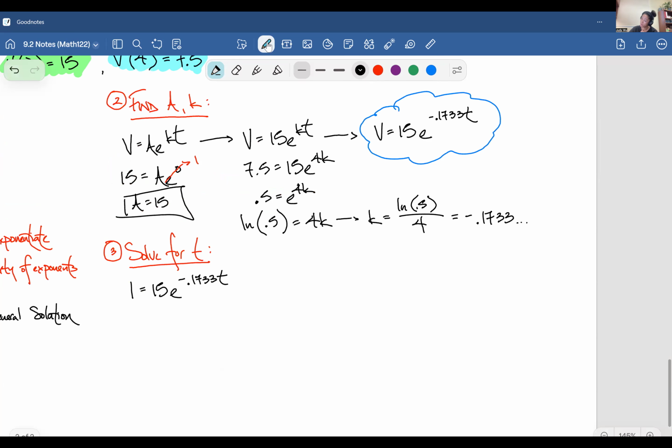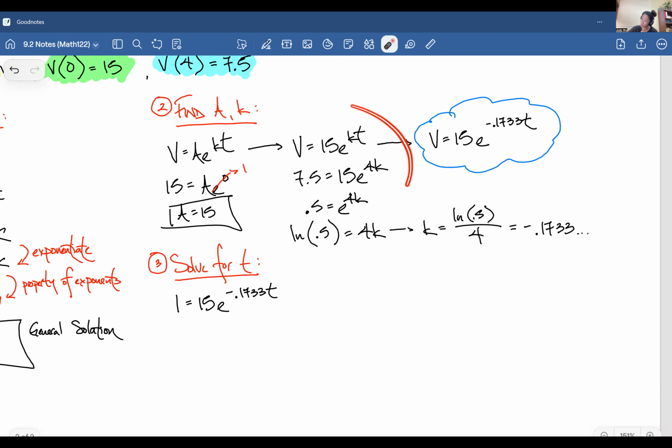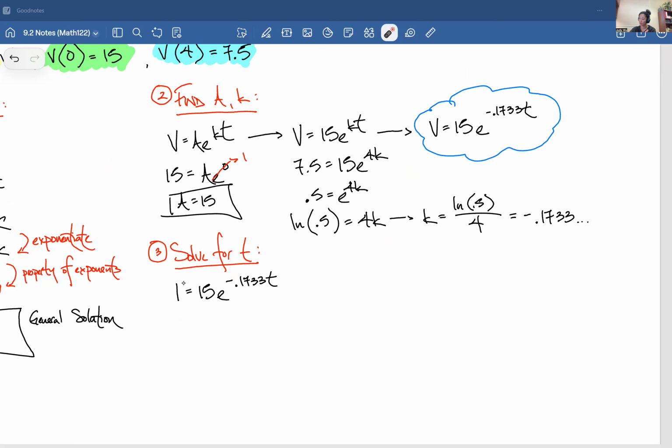This is going to work very similarly to the step over here. Instead of dividing 7.5 by 15, I'm going to divide 1 by 15. After that, I'm going to natural log both sides. And after that, I'm going to divide by that coefficient of k.